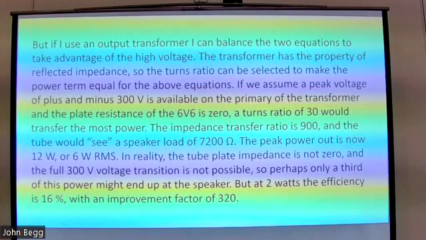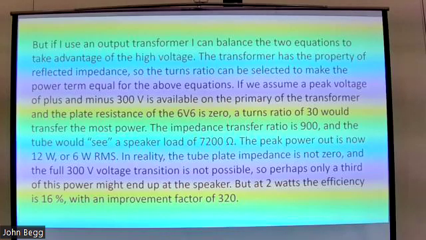But if I use an output transformer, I can balance those two equations and optimize things to take advantage of the high voltage. The transformer has a property of reflected impedance. So the turns ratio can be selected to make the power term equal for the above two equations.